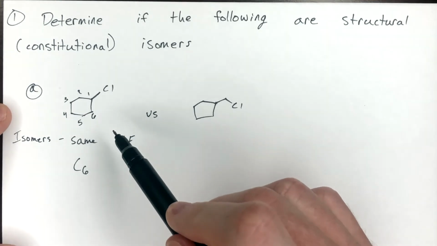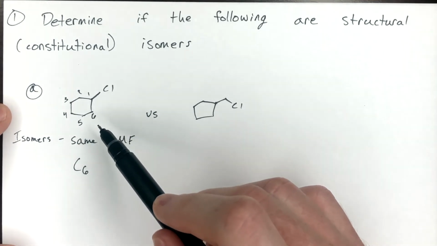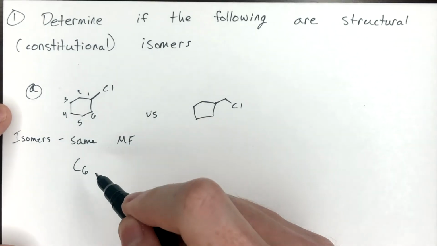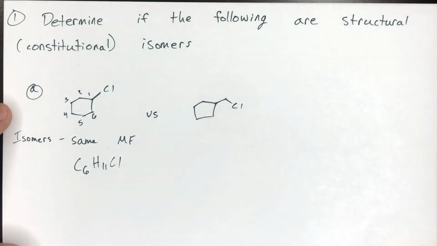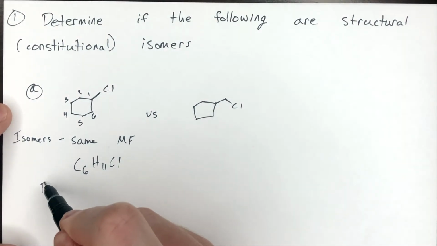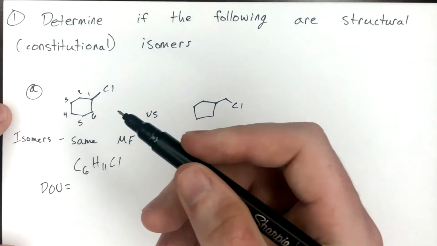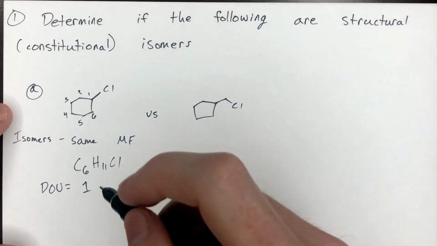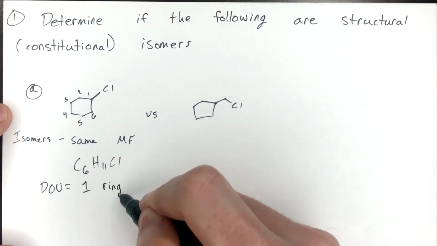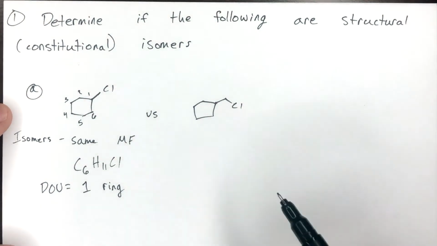And 6 is also the same, so that's 11 total hydrogens, and then the 1 chlorine. So C6H11Cl, or you can count the degrees of unsaturation. Here we have 1 ring, no pi bond, so the degrees of unsaturation is only 1 because it's in the form of the ring. Okay, let's move to the next one over here.